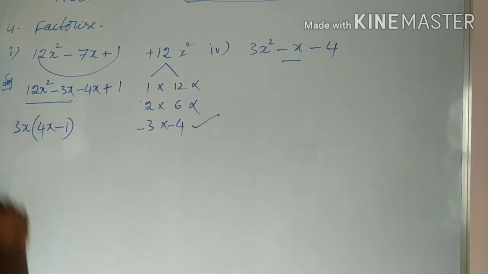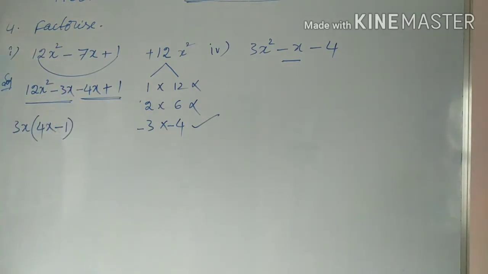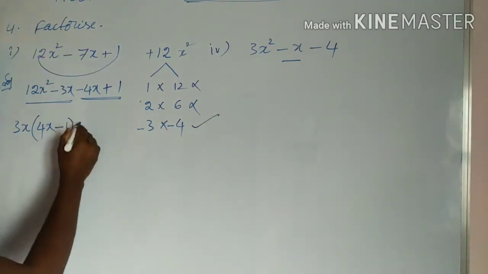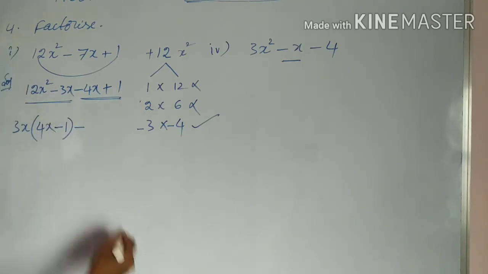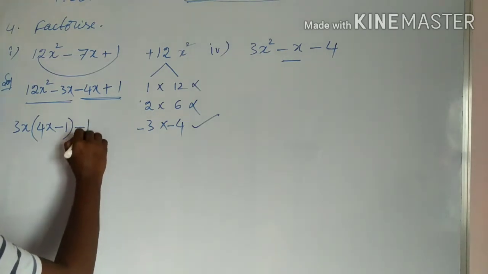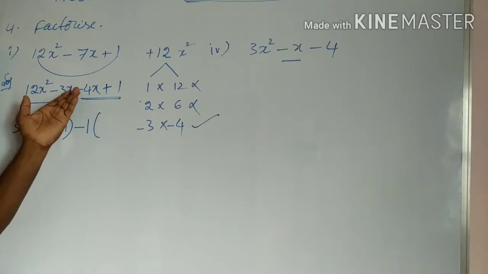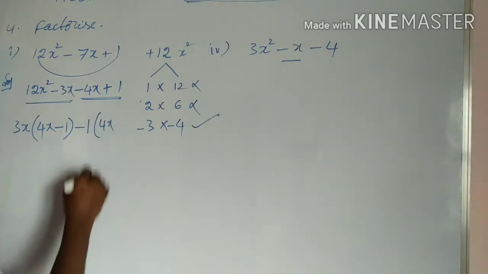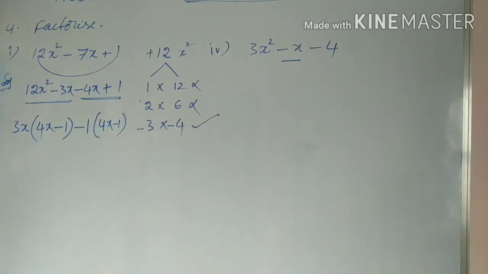In these two terms what is the common? Nothing is common. Nothing common means you can take minus 1 common. First write the minus symbol. If I take minus 1 common, here minus, and if I take 2 common, plus will come. 4x, and here minus 1, same again.